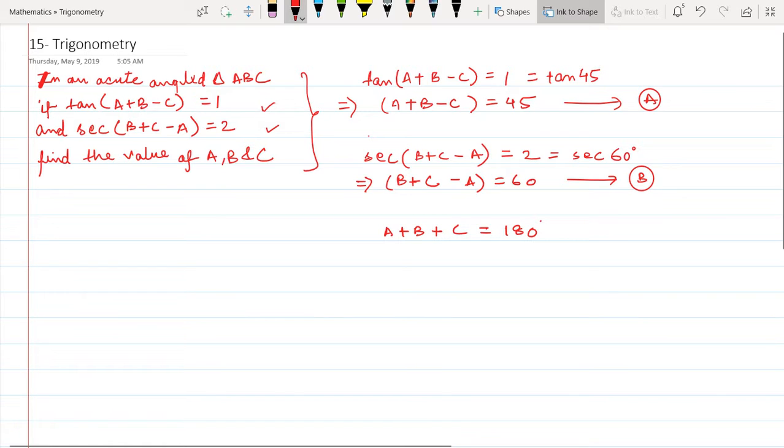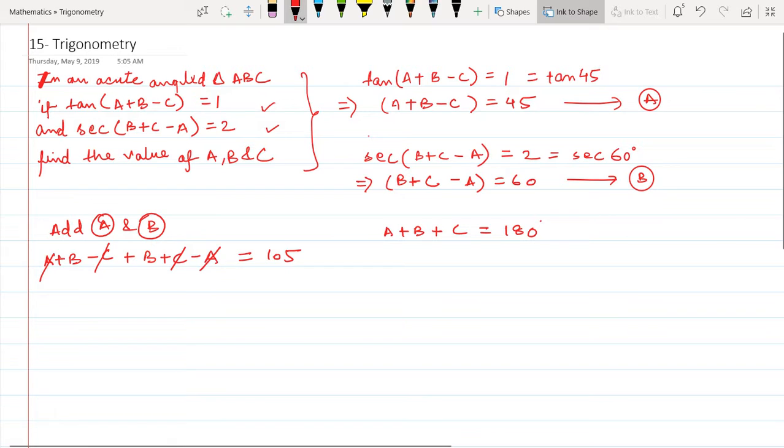Now you see, if you add part A and part B, what do you get? You get A plus B minus C plus B plus C minus A. So A gets cancelled with this A and this C gets cancelled with this C, and the sum of this is 105.